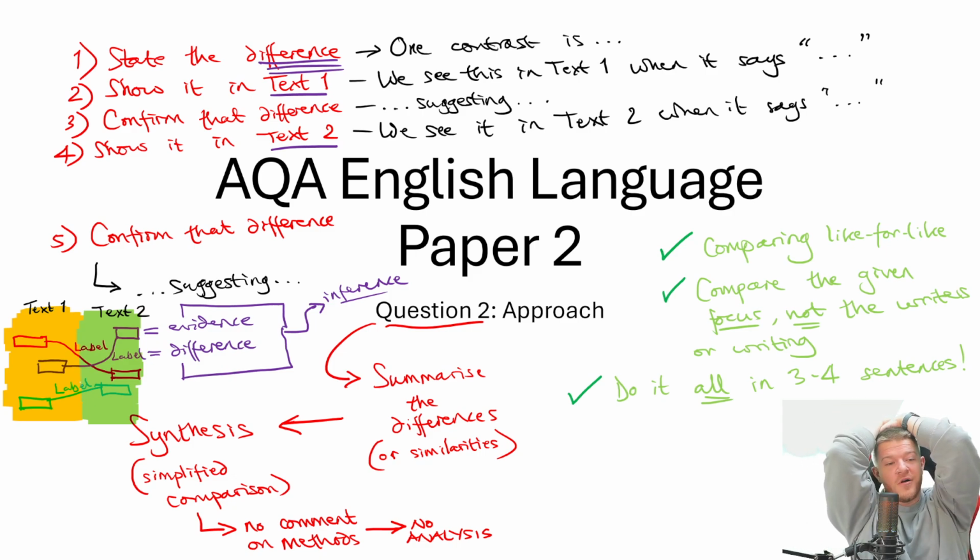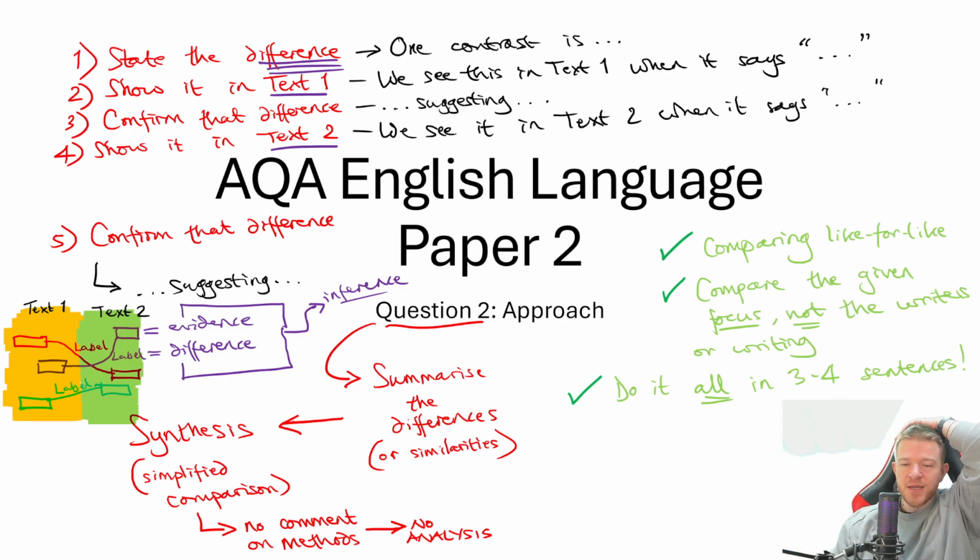Text 2, on the other hand, seems much smaller, as the writer says, the cramped, insufficient train. Again, awful writing, but cramped, insufficient train, suggesting that it is too small for the people on board. So that suggesting bit is where you're going to do a little bit of inference.